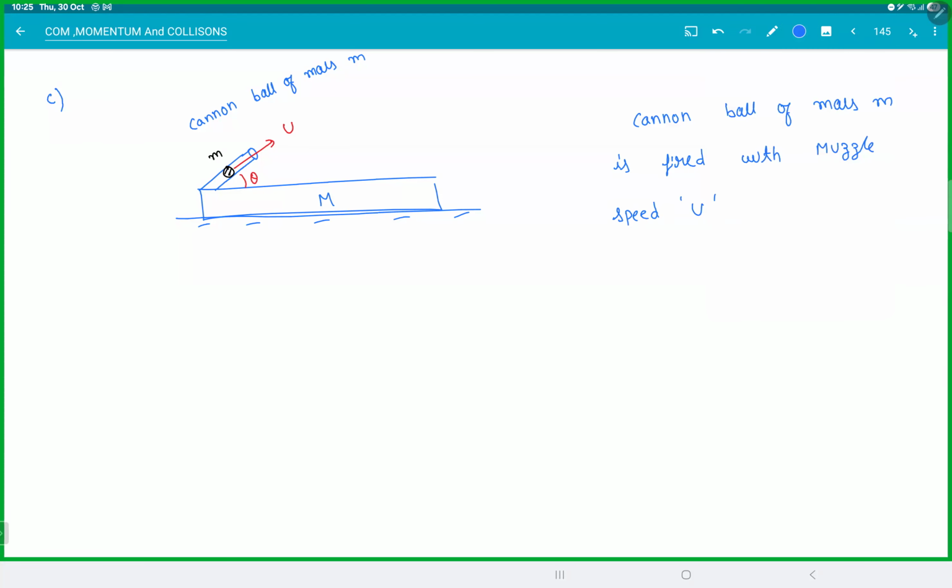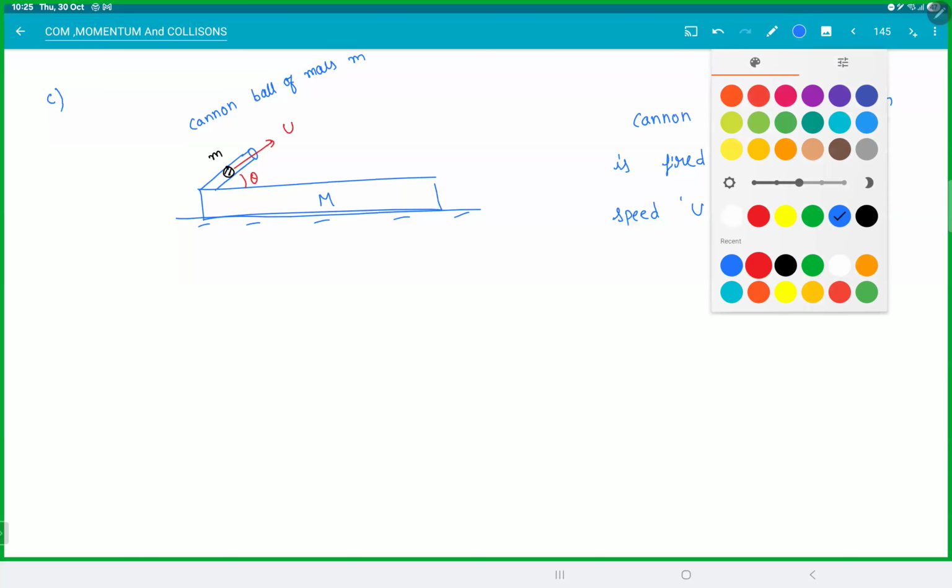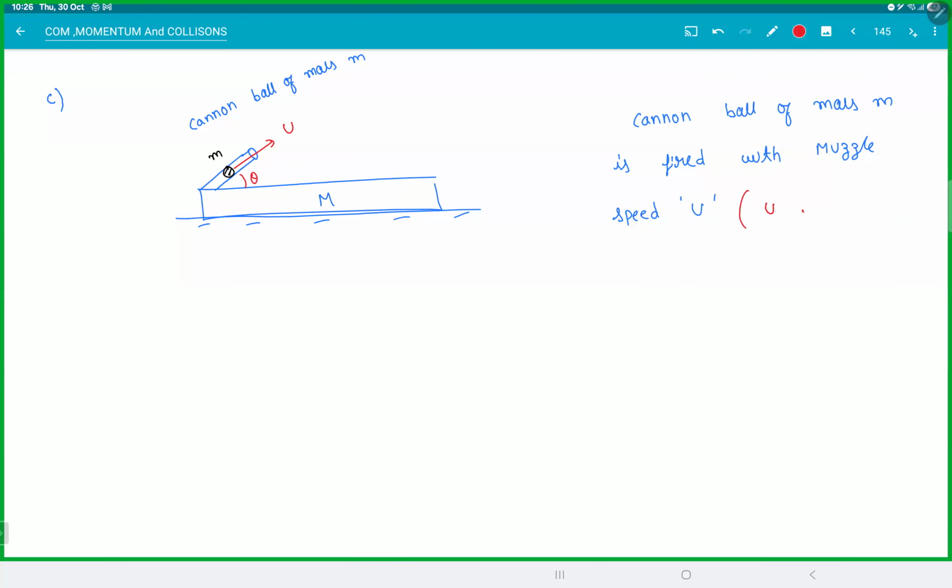Muzzle is actually, if you have ever seen a gun, the ending part, when the bullet leaves, that thing is called a muzzle. Basically, it is the same thing, u relative to the cannon. Just a terminology there.